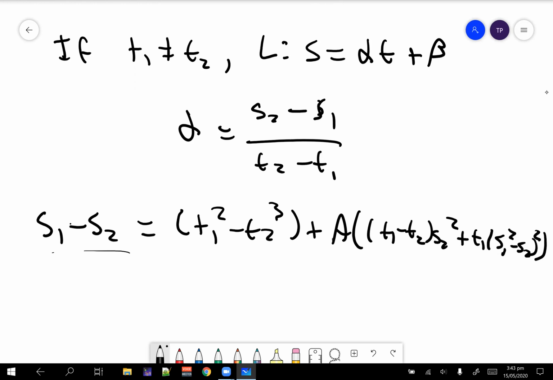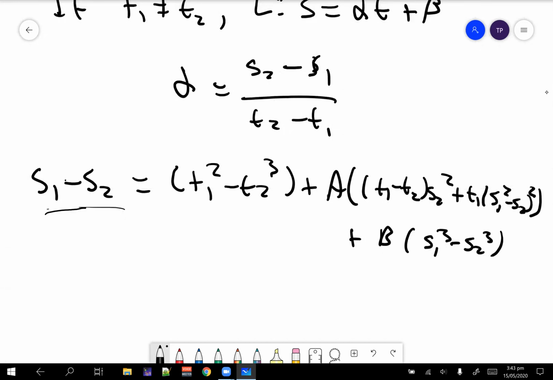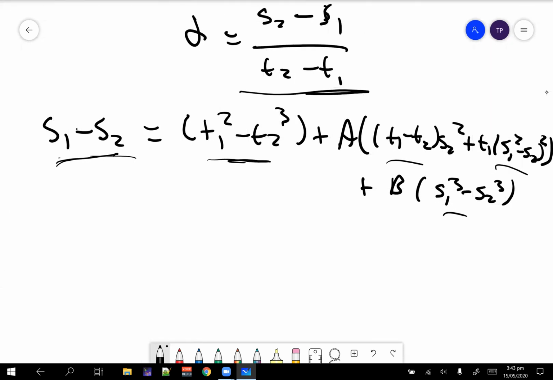And this is where I'm going to wave my hands a bit, because if you see, we have an s1 minus s2 here, we have t1 minus t2's here, and we can group everything onto one side and then equate it with this thing here. So in fact, we get alpha equals, well, we had the original thing, right?